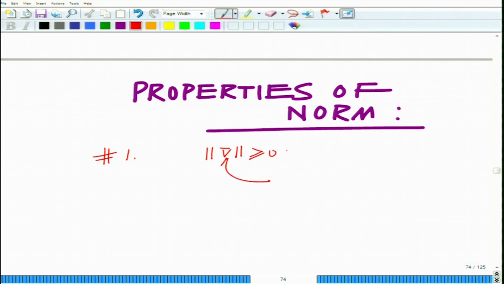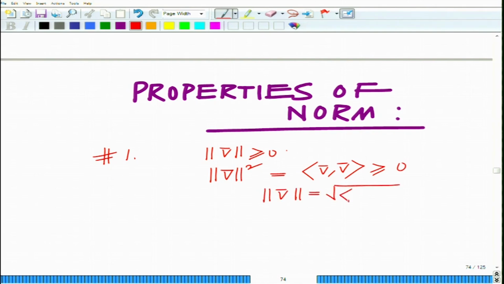In fact, norm v bar square equals the inner product of v bar with v bar, which is greater than or equal to 0, and norm v bar equals the square root of the inner product between v bar and v bar, which is also greater than or equal to 0.